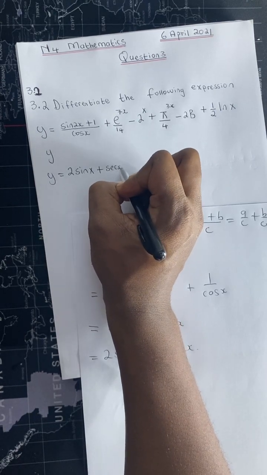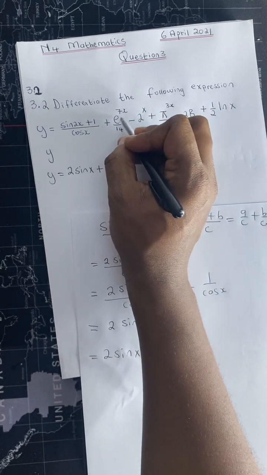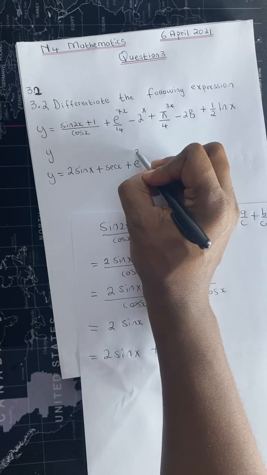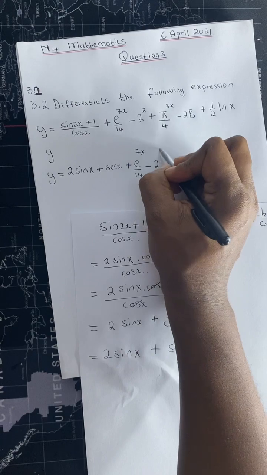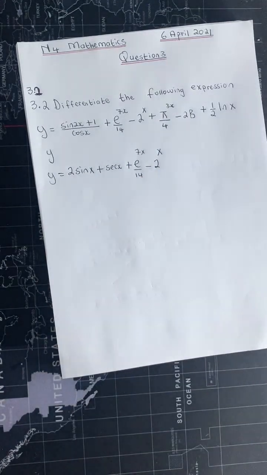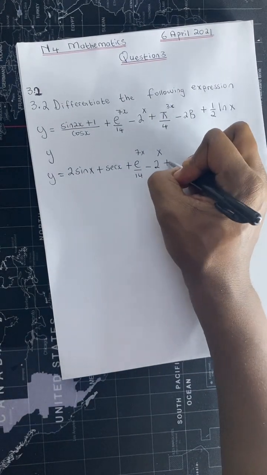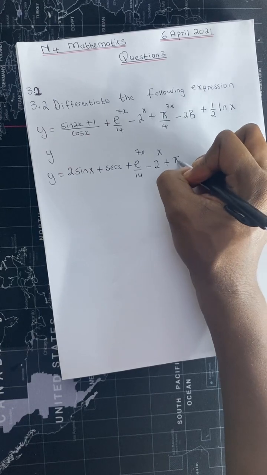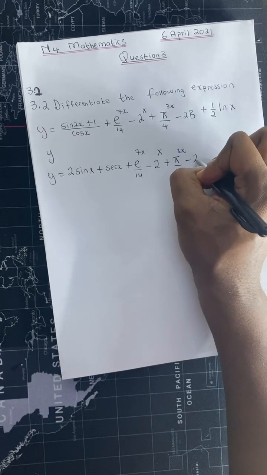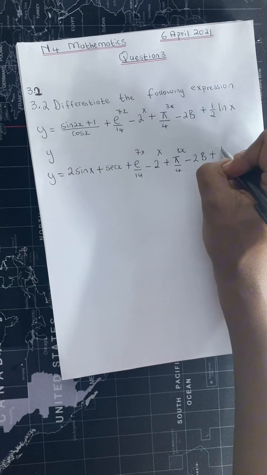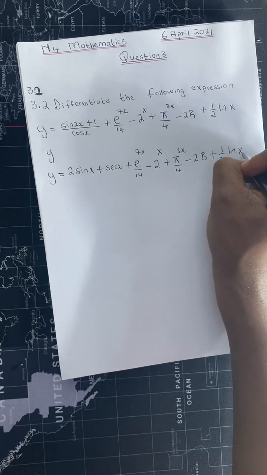Plus e to the power 7x over 14 minus 2 to the power x plus pi to the power 3x over 4 minus 2b plus 1 over 2 ln x.